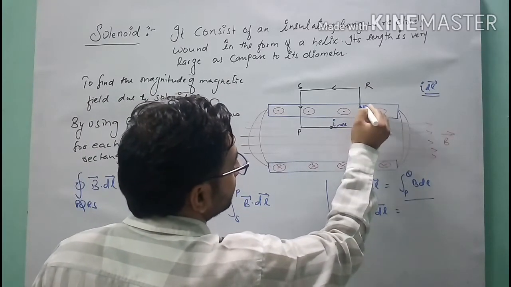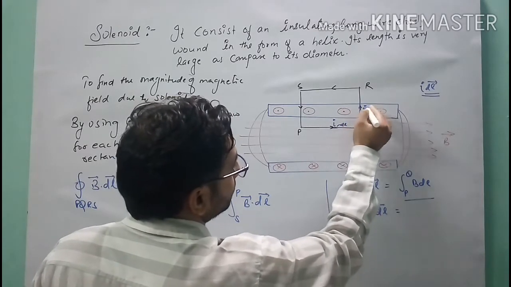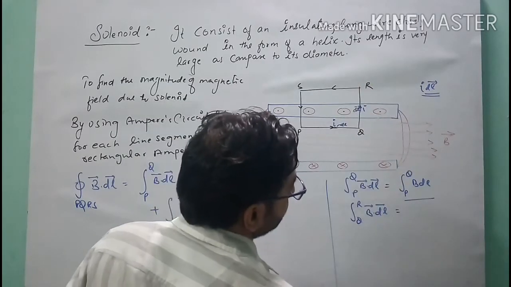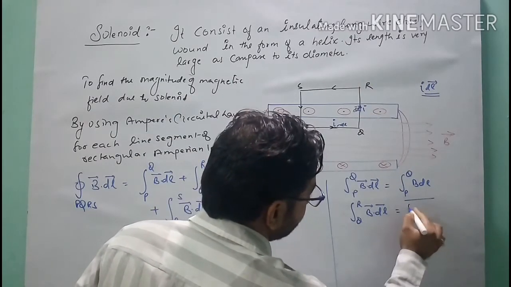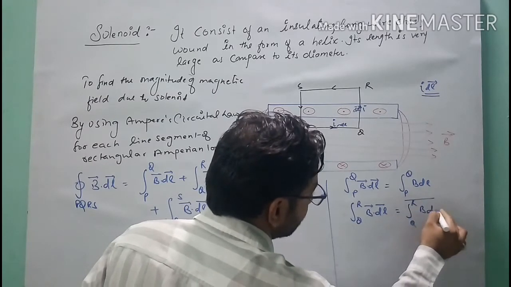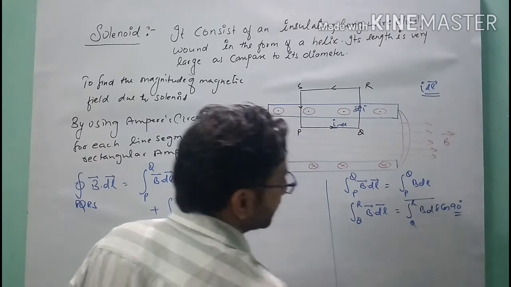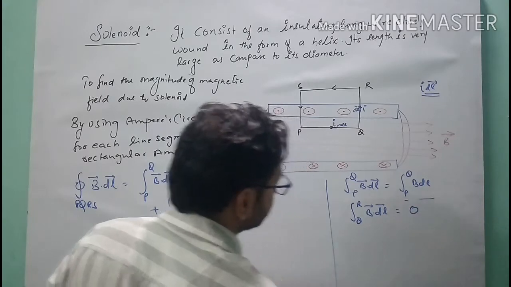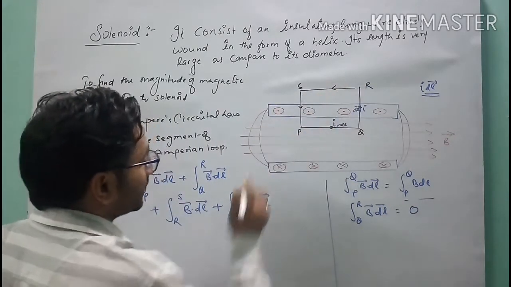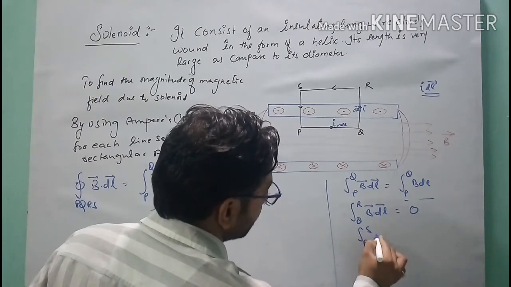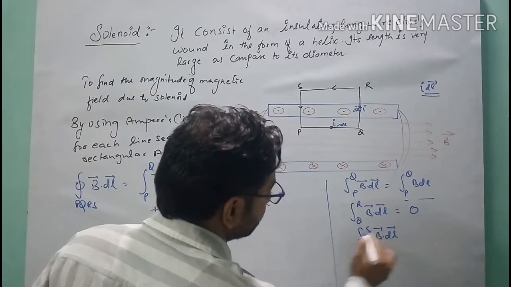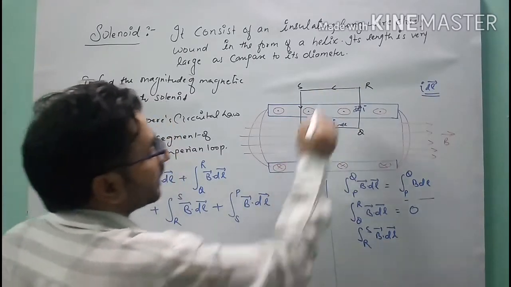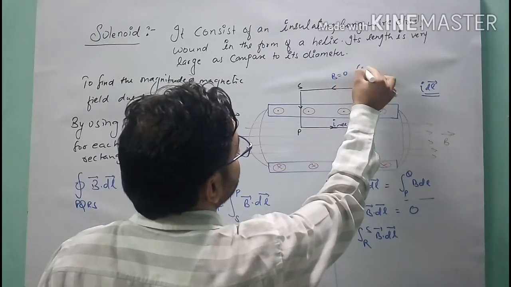So if I consider here the line element along the direction of current, we can see that the direction of line element dl is perpendicular to the magnetic field. So here B dot dl from Q to R is B dl cos 90 degrees, and student, we know that cos 90 is equal to 0. So our answer will be 0. Similarly, when we talk about the point R to S, B dot dl, for this condition we can see this RS is outside the solenoid, and outside the solenoid the magnetic field is 0.